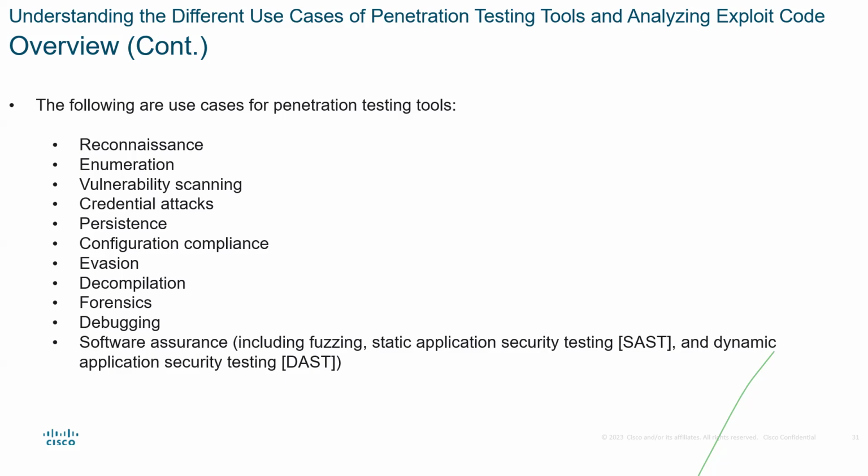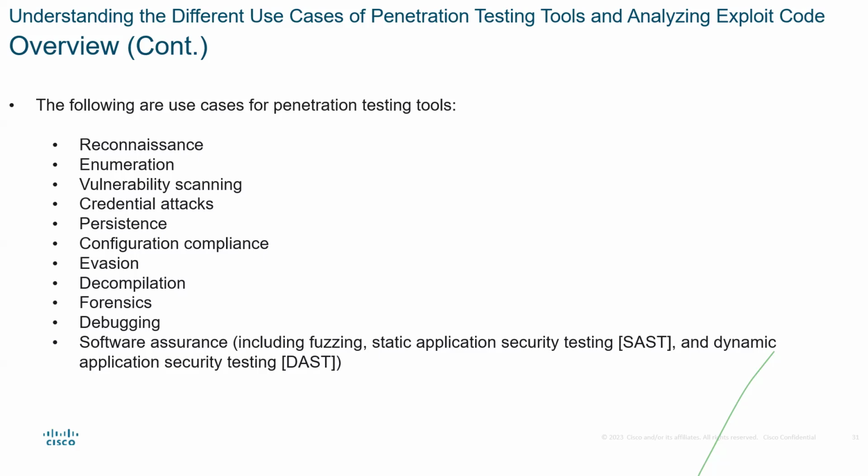Okay, so there are different tools that are used for different penetration testing use cases. Remember, a use case, like I said earlier, is a scenario that identifies the processes involved in achieving, or the events that lead to achieving, the end game. There's an actor, there's the scenario, a lot of stuff. If you're doing reconnaissance, for example, what is your style of reconnaissance? What do you want to get?